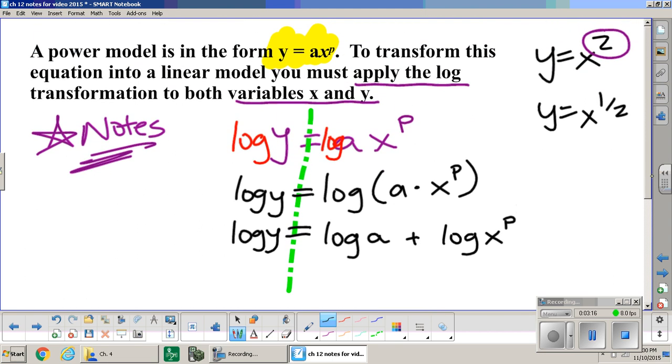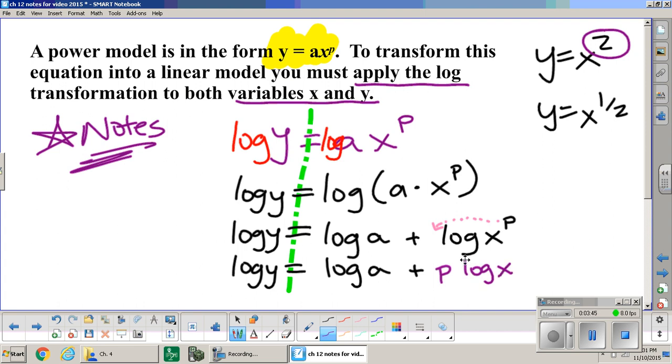Log y equals. Now, what else can be done? Not much. Log a is log a plus, that's right, the exponent can go out front. So we've got p times log x.